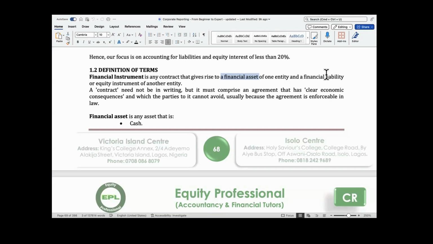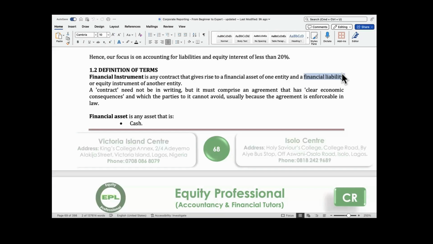That if the financial instrument in question is a debt, where we would have issued either a loan note, a debenture, a commercial paper, a bond, that issuer has a financial liability. He has a financial liability because he has issued a debt instrument.